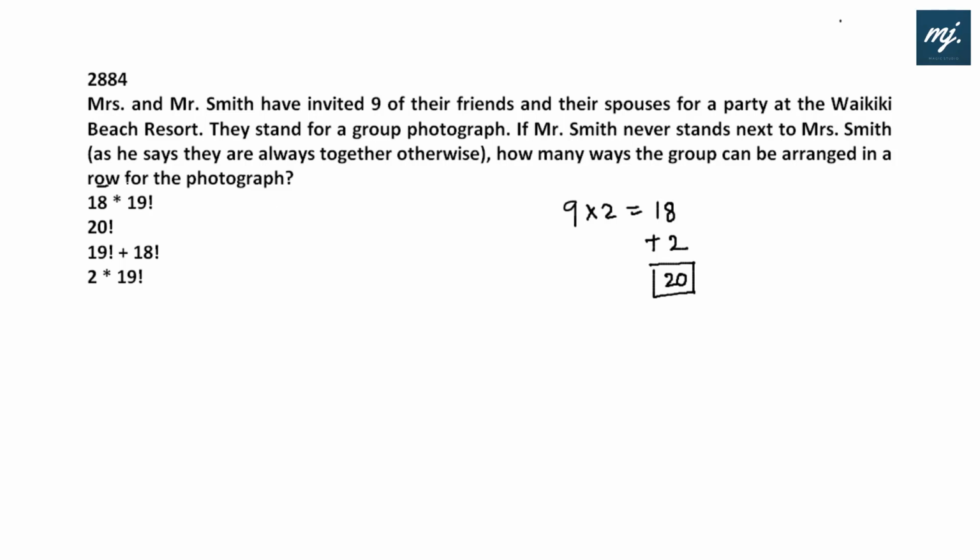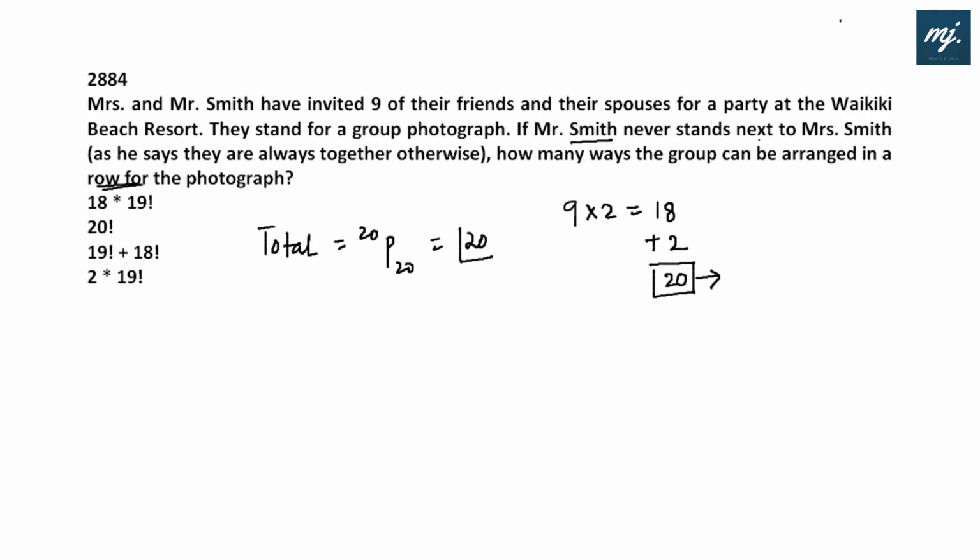It's as simple as for the row. And all people are different, we know that. So how can we arrange all the people without any restriction in a row where 20 different items are there and all need to be taken together? So total cases would be simply 20P20, that is factorial 20.